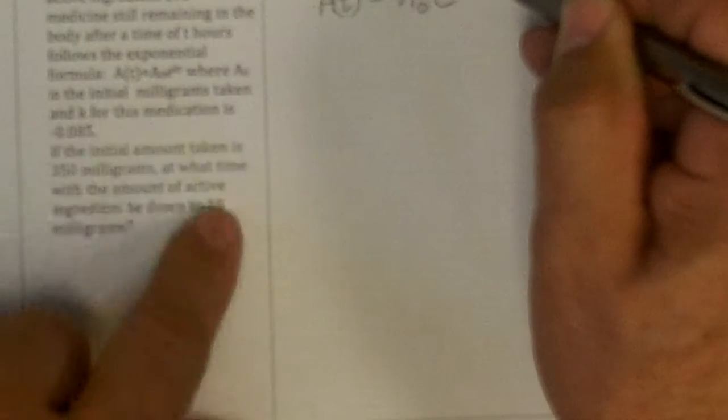Okay, and number 18. The milligrams of an active ingredient of medicine still remaining in the body after a time of t hours is given by the exponential equation. The amount later is equal to the amount starting, e to the kt, and the k for this medication, I'm giving you the k here, is negative 0.085.